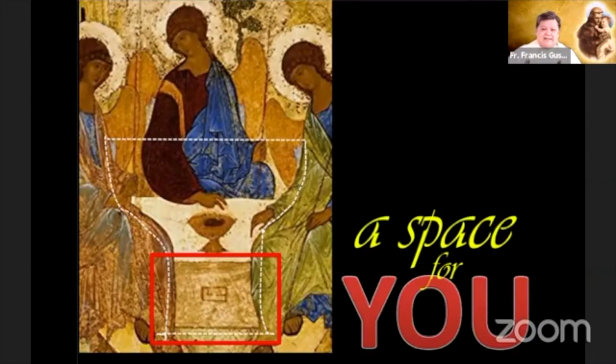Well, brothers and sisters, it's a space. That is why Rublev did not paint a person with his back turned there. It's really meant for the living person who sees the painting and considers: do I belong? Do I come near and make myself part of the life of God?